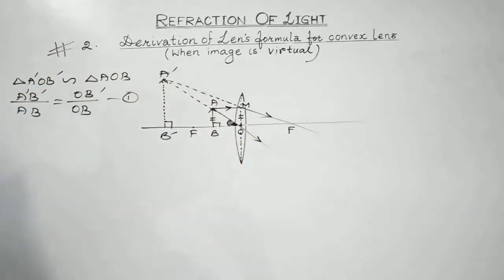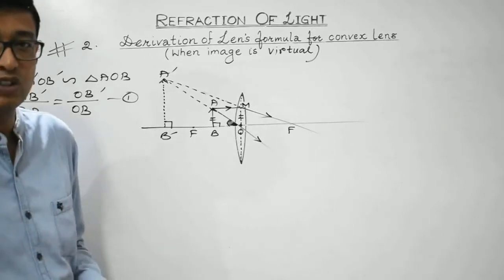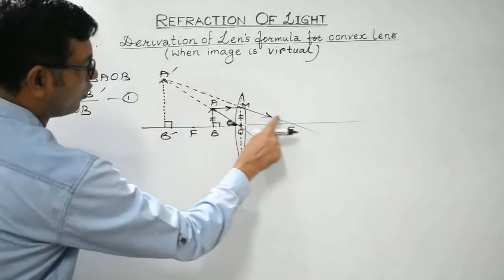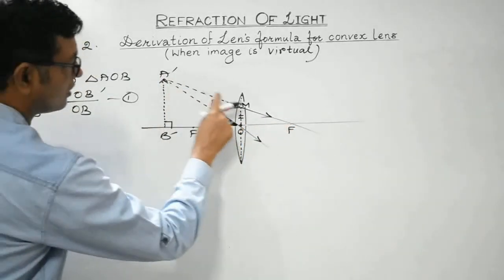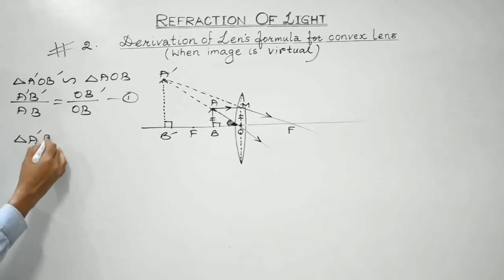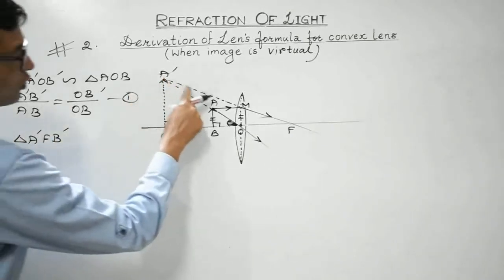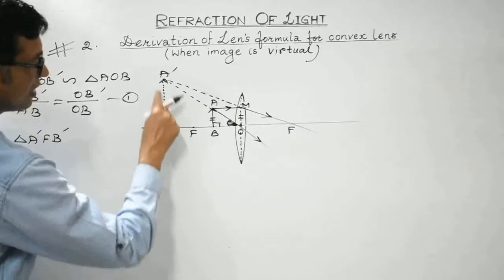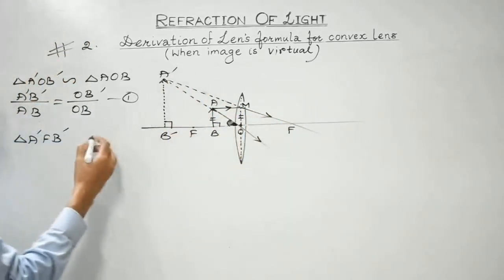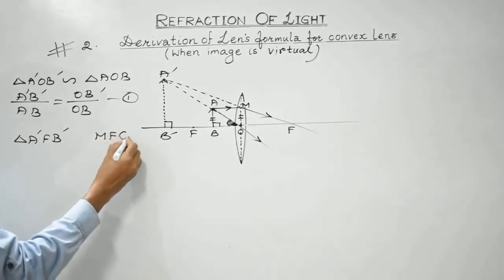Okay, we need to consider the other pair of triangles as well, right? For that, consider the bigger triangle, that is, triangle A dash F B dash. This one, students. A dash F B dash. And consider this triangle, MFO.